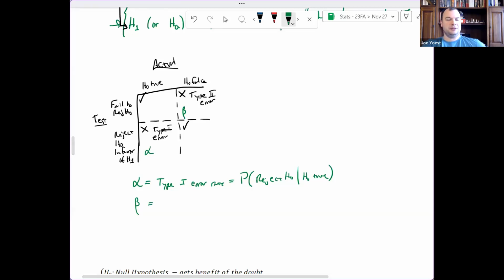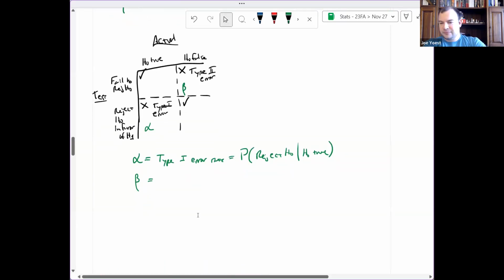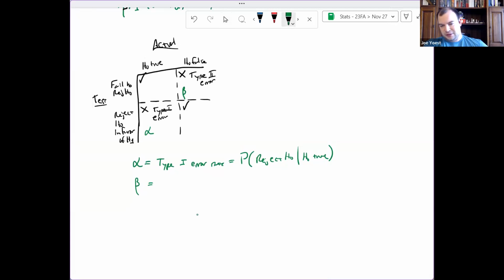So the Greek letters alpha and beta, A and B, obviously where we get the word alphabet from, the first two letters of the Greek alphabet. This is the type 2 error rate, and it's the probability that we do not reject H naught given that H naught is false.